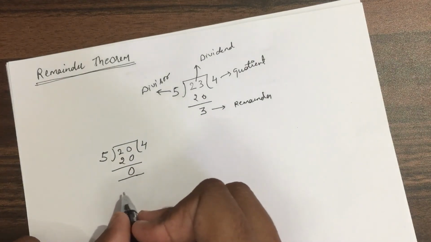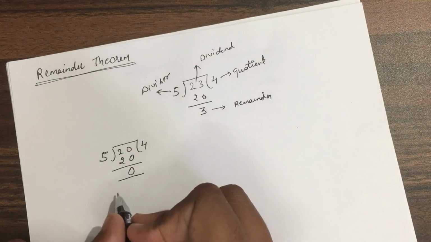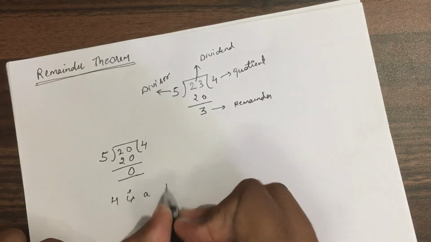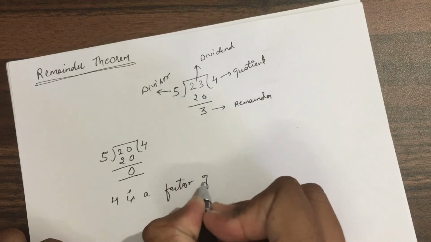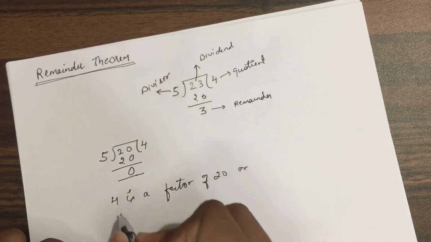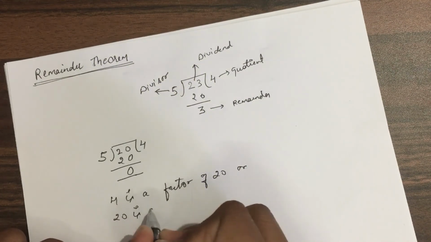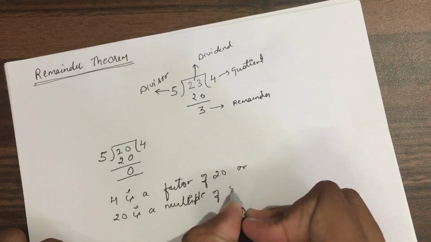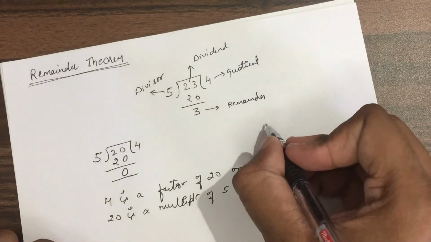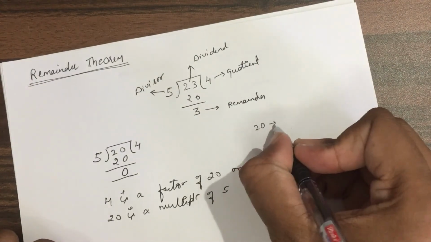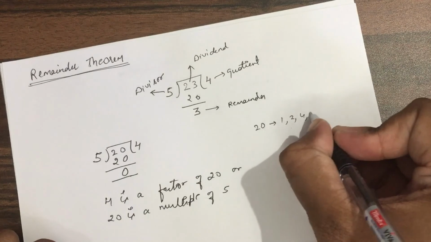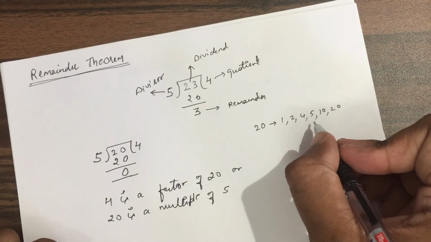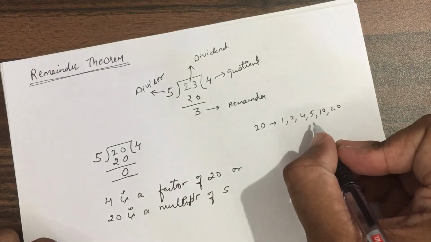So we can say that 5 is a factor of 20, or we can say 20 is a multiple of 5. What are the factors of 20? 1, 2, 4, 5, 10 and 20. Whenever you divide a number by its factor, the remainder will always be 0.